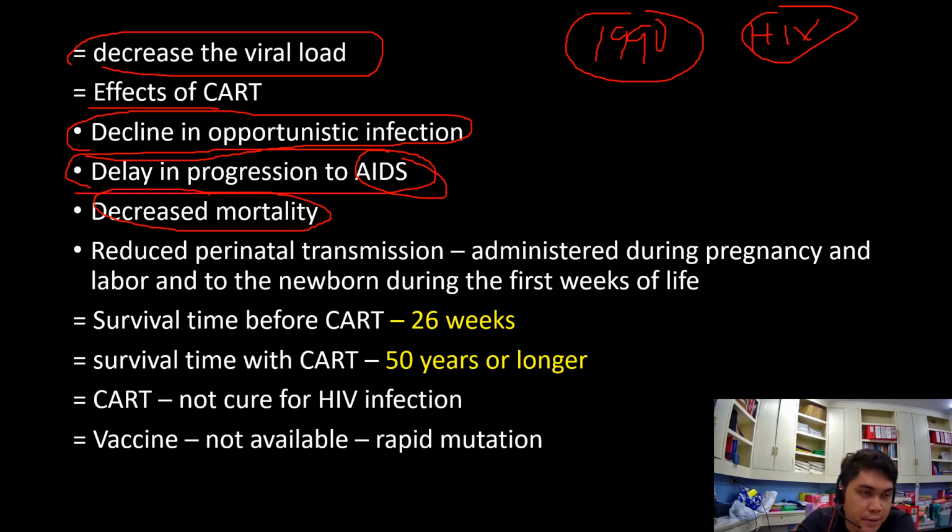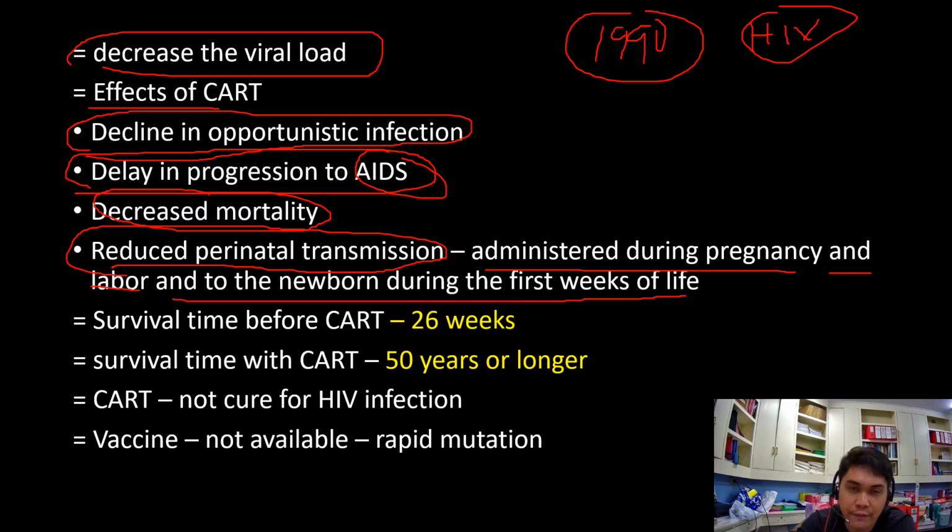Okay. Next, reduced perinatal transmission. Another effect of antiretroviral therapy is reduced perinatal transmission of HIV. It is administered during pregnancy and labor and to the newborn during the first week of life. So the purpose is to avoid perinatal transmission. To reduce transmission, you also administer antiretroviral drugs.